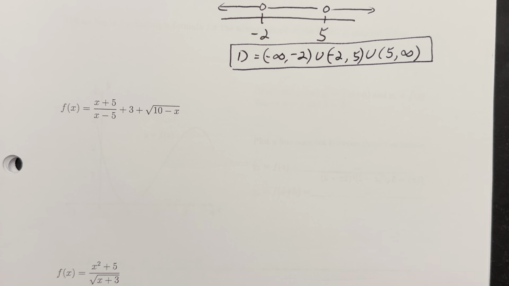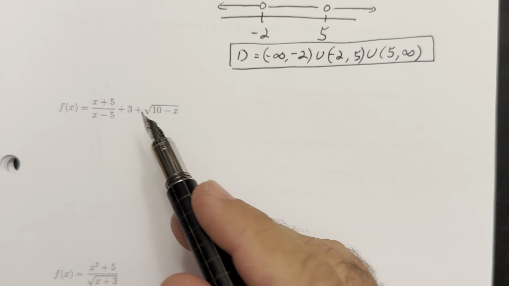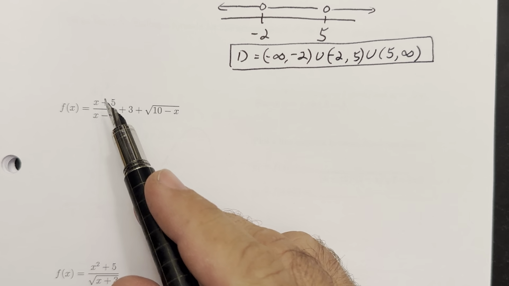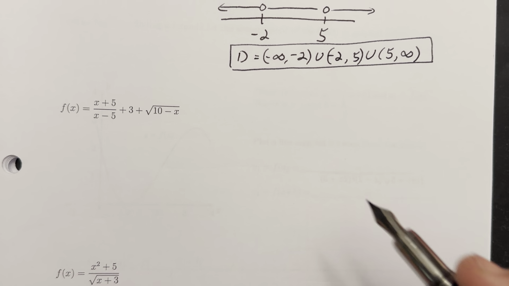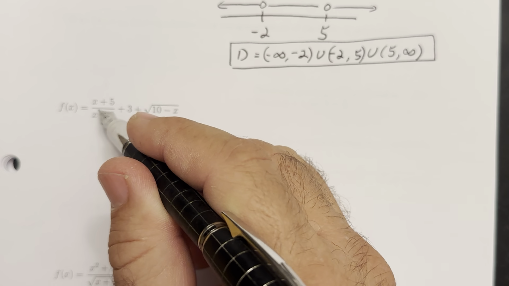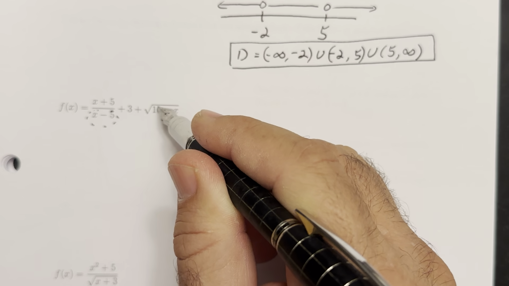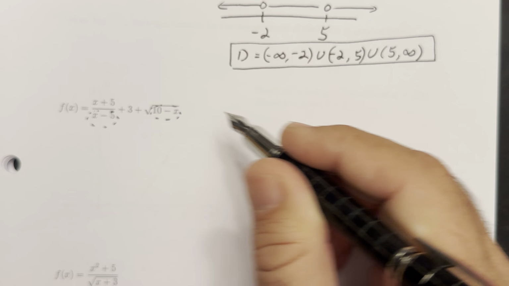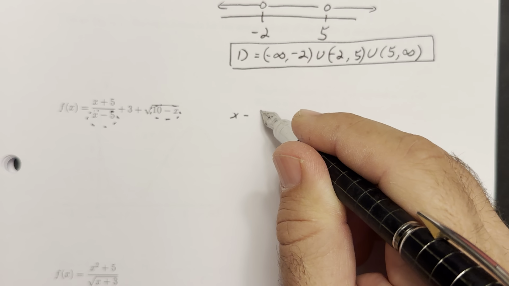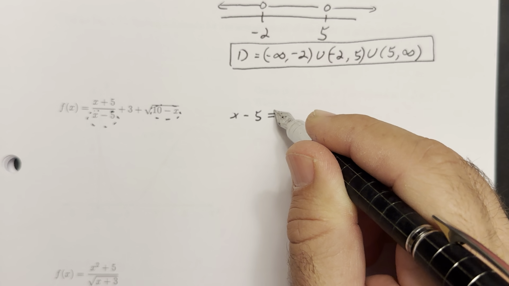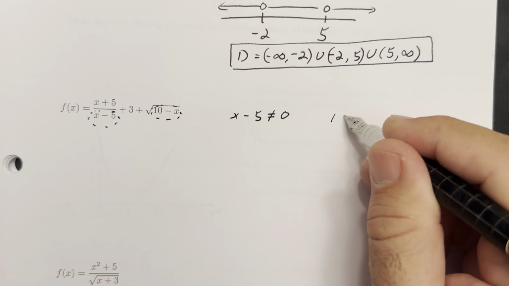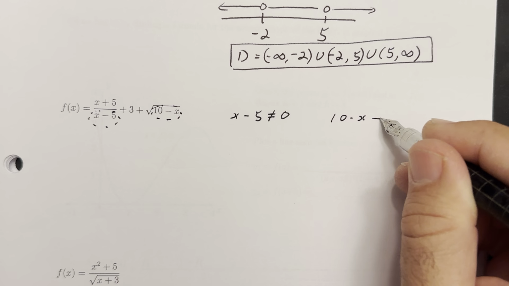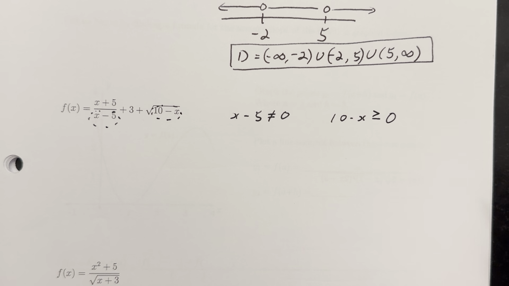Next, again, we've got two different things. Note the 3, the x plus 5, have no effect on the domain. But what does have an effect is x minus 5 and the argument right here, right? So x minus 5 cannot be 0. And 10 minus x must be equal to or greater than 0, right?